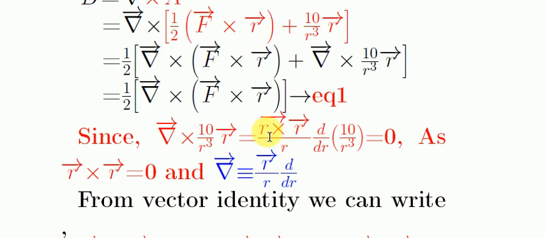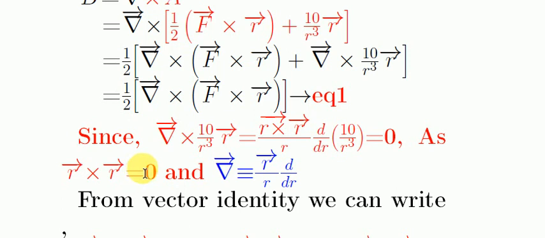The first r vector is due to the del operator, and the second r vector is due to this r vector, and a cross product comes into play between two vectors only. So we write here r vector cross r vector by r d/dr of 10 by r cubed, and this equals 0 because r vector cross r vector is 0.